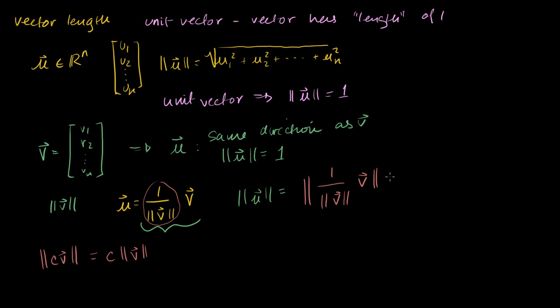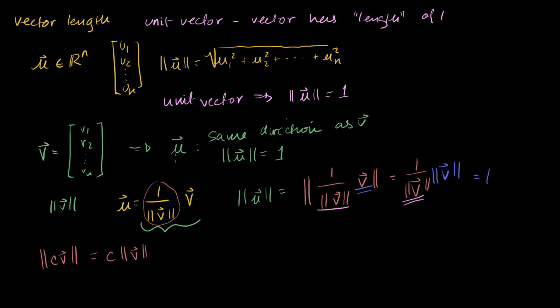So this is going to be equal to 1 over the length of vector v, that's my c, times the length of vector v. Well, what's this going to be equal to? 1 over something times that something is just equal to 1. So that's all a unit vector is.